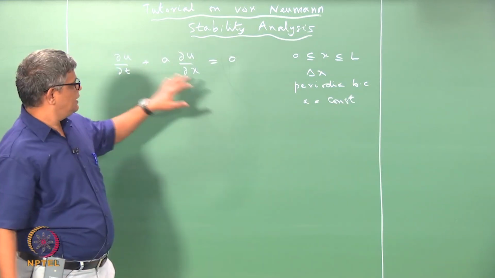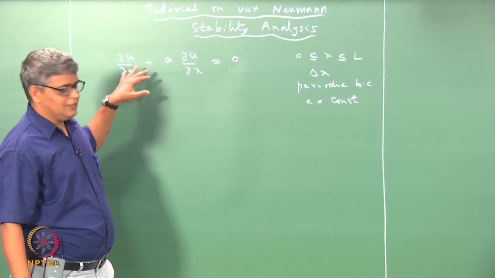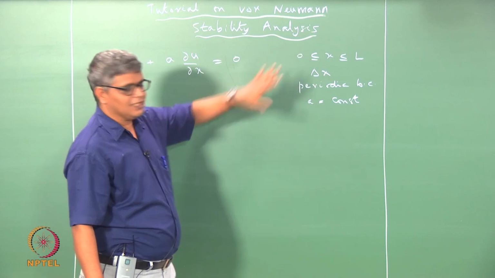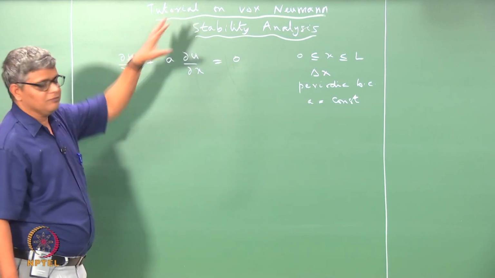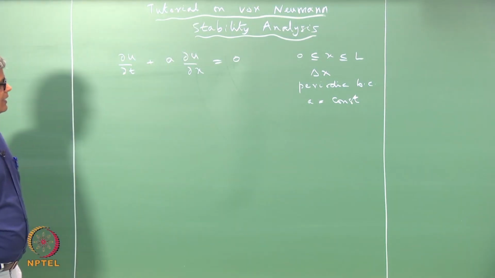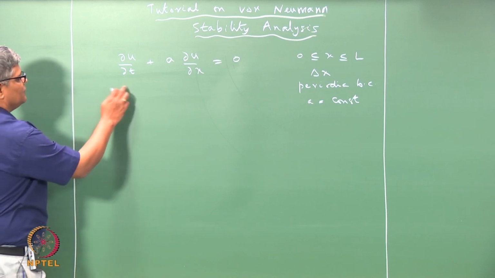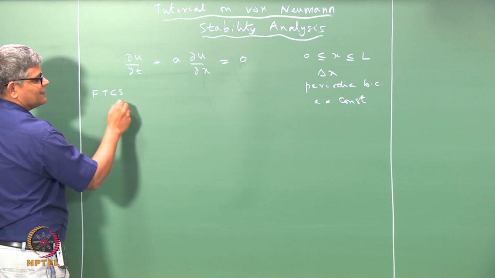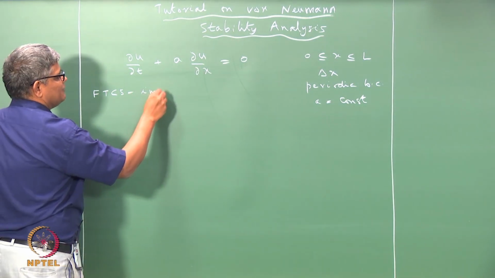Therefore, we have a linear equation with periodic boundary conditions, uniform grid spacing, and a one-dimensional form. We can apply the von Neumann stability analysis for this, and we are going to consider the forward in time, central in space, implicit scheme.